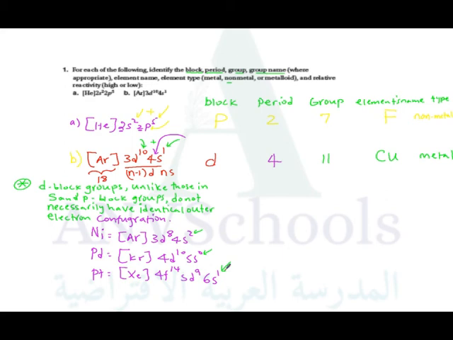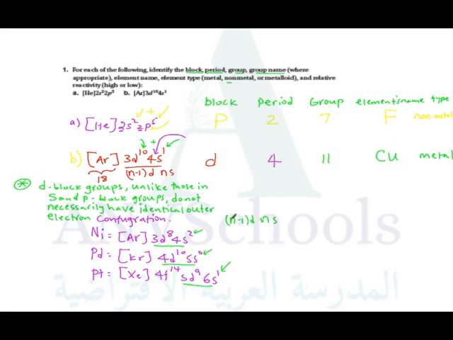Had it been s and p block, we could simply say s block or p block. But since it always has d and s together, with the pattern (n minus 1)d and ns, it's a transition metal.